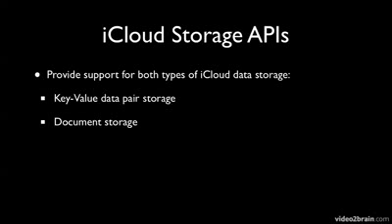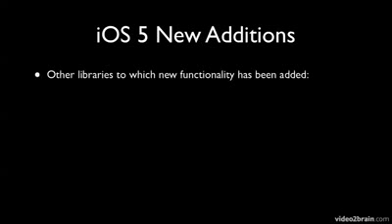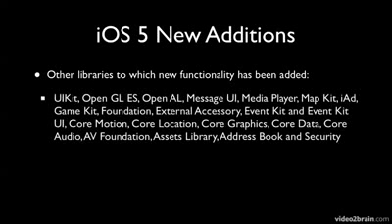This will allow us to build applications which can share settings between different devices or can share documents between different devices. iCloud promises to be very exciting and to change the way we actually allow our users to work with our applications. So this particular set of APIs is also definitely worth looking into, and we'll be looking at it later on.